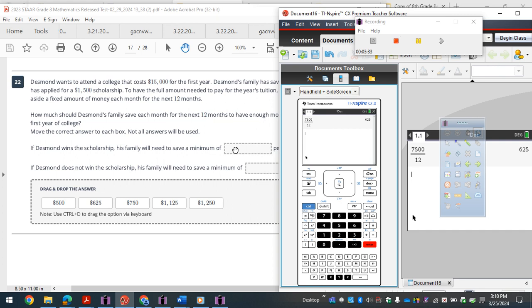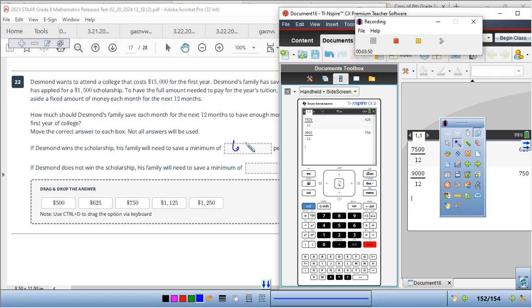This will be 625 here. Not, it's 9,000, and we divide it by the 12 months, and it'll be 750. So 625 here, and 750 here.